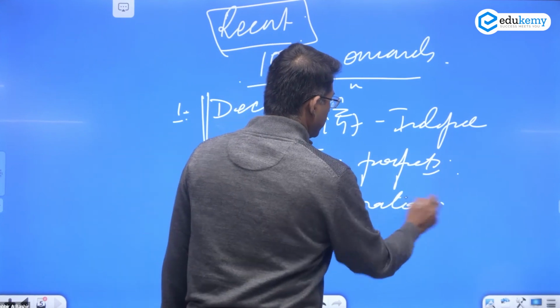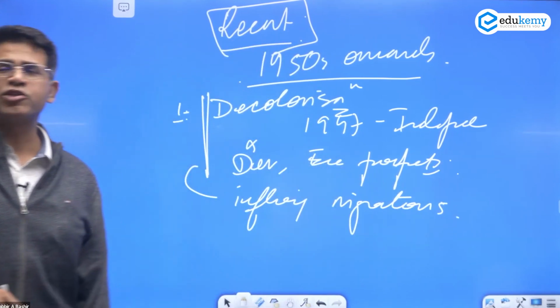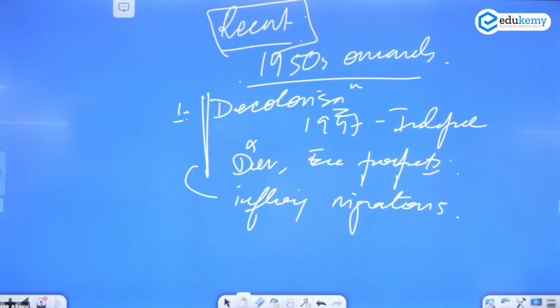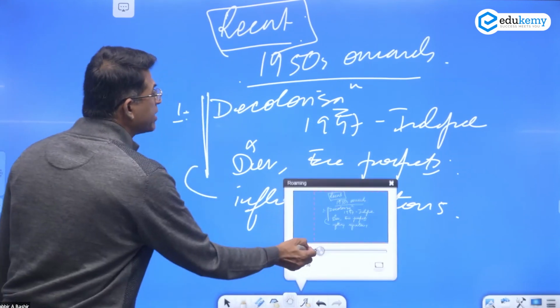Migrations. So in this phase a lot of migrations were voluntary migrations. Because to some extent it was the responsibility of the West.